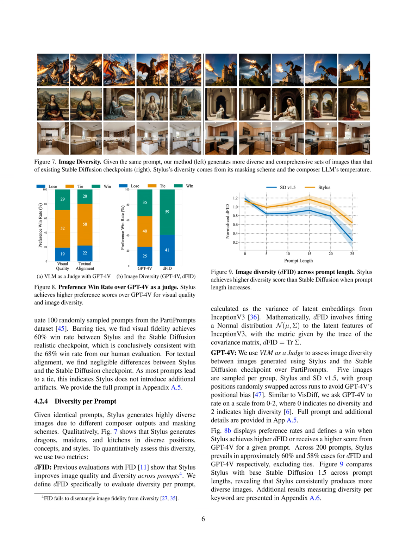Stylus prevailed in approximately 60% and 58% of cases for Diffeed and GPT-4V, respectively, showcasing its ability to produce more diverse images consistently. Overall, Stylus outperformed the Stable Diffusion checkpoint in terms of visual fidelity, textual alignment, and image diversity, making it a superior choice for generating high-quality and diverse images.